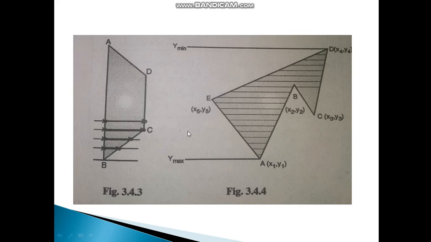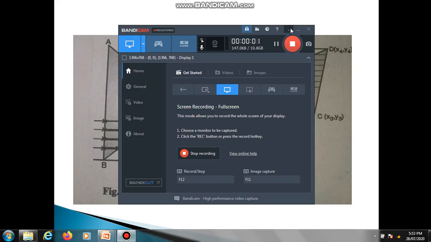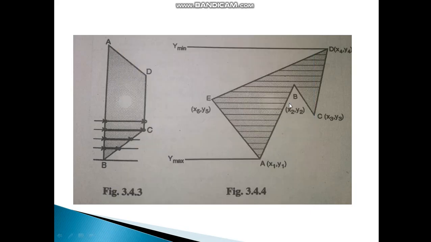Same as the figure here. One edge is AB and the second edge is AE. We draw the scanline over here and the process continues till the y min is found. If the scanline goes below the y min of one of the edges, that edge is discarded and we find the next edge.